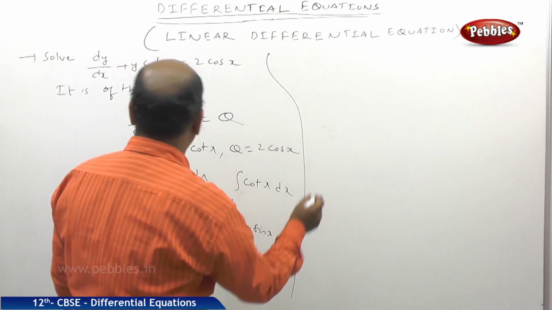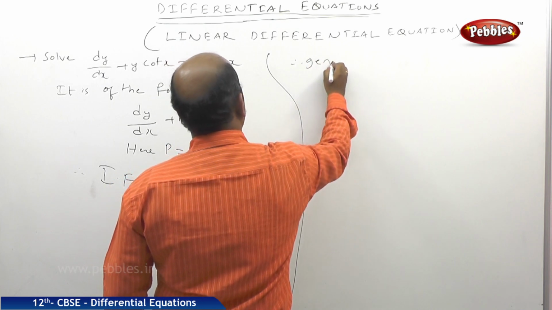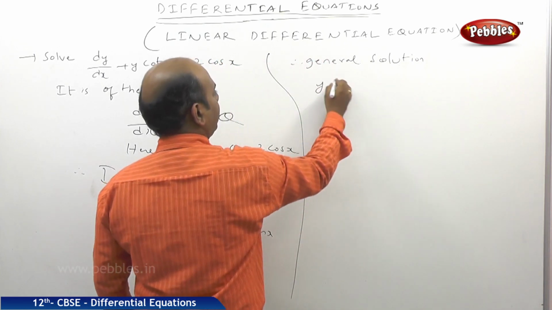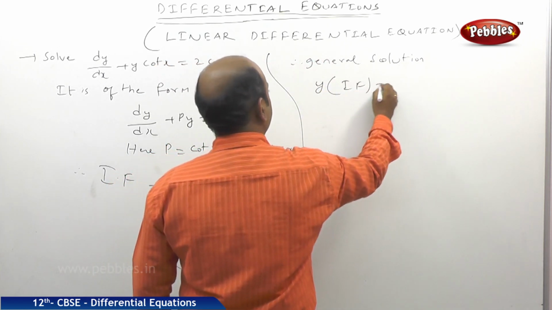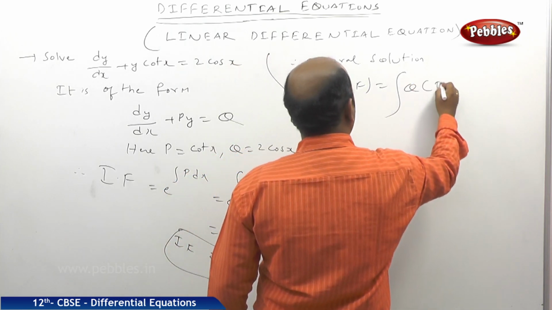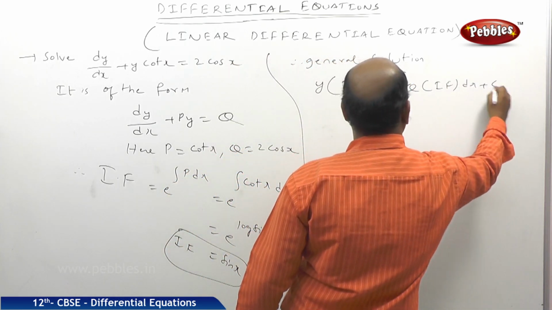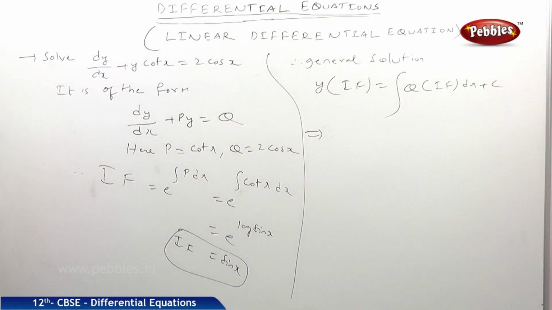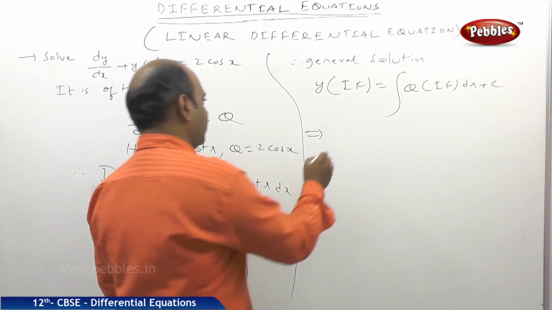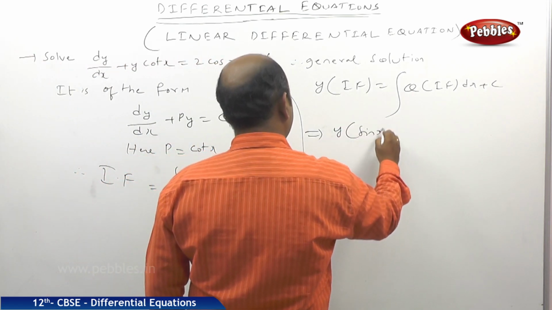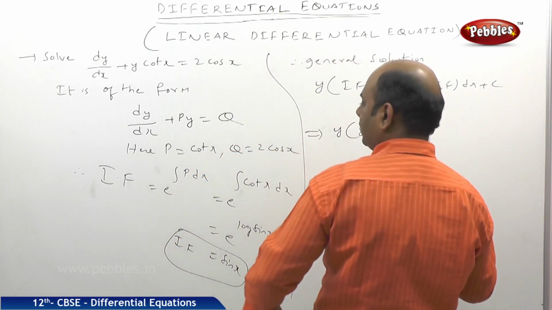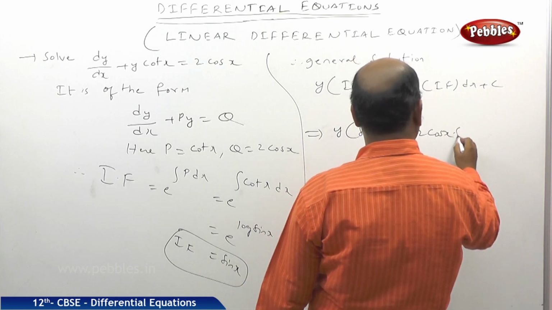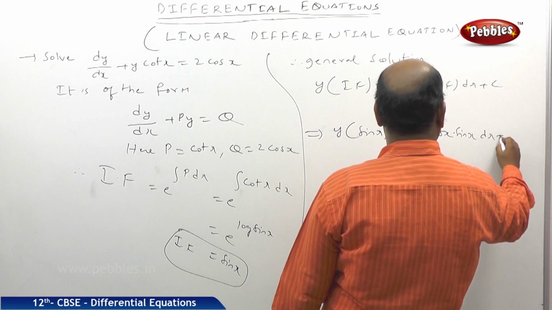So therefore the general solution, how can we write? y into integrating factor is equal to integral of q into integrating factor dx plus c. So y into integrating factor means sin x is equal to integral of q. What is q here for us? 2 cos x, and integrating factor is sin x, dx plus c.